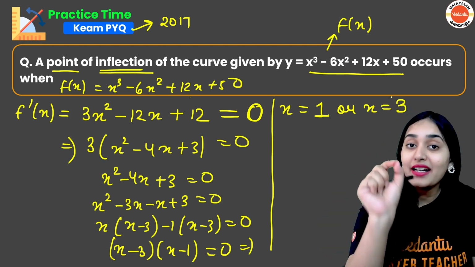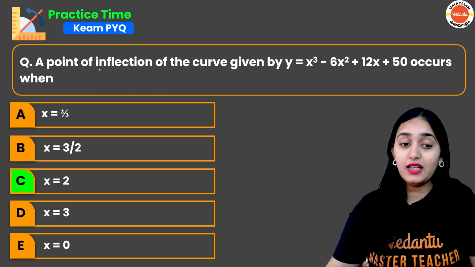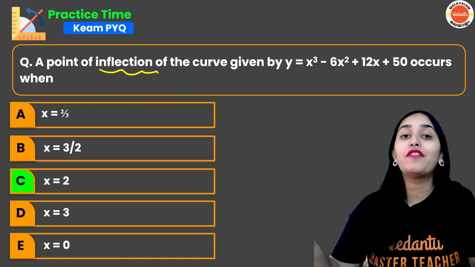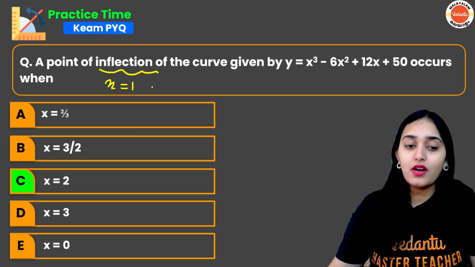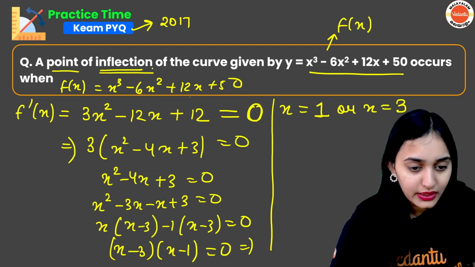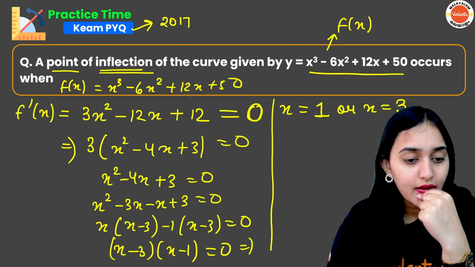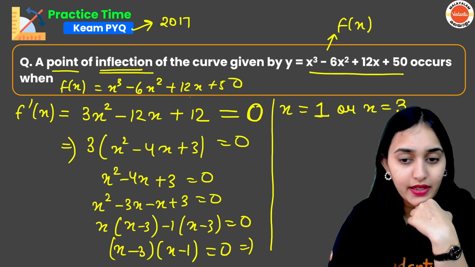This is my critical point, but my answer is not over yet. In the question they are asking what is the inflection point. So I have 2 points. One point is x is equal to 1. Another point is, should I get 2 here? 3x cube is 3x square.